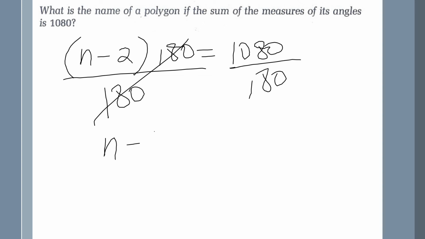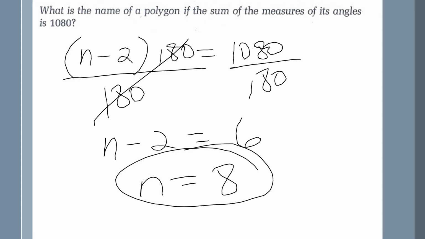So n minus 2 is equal to 1080 divided by 180, and that is 6. Now you're going to add 2 to each side, so n is equal to 8.